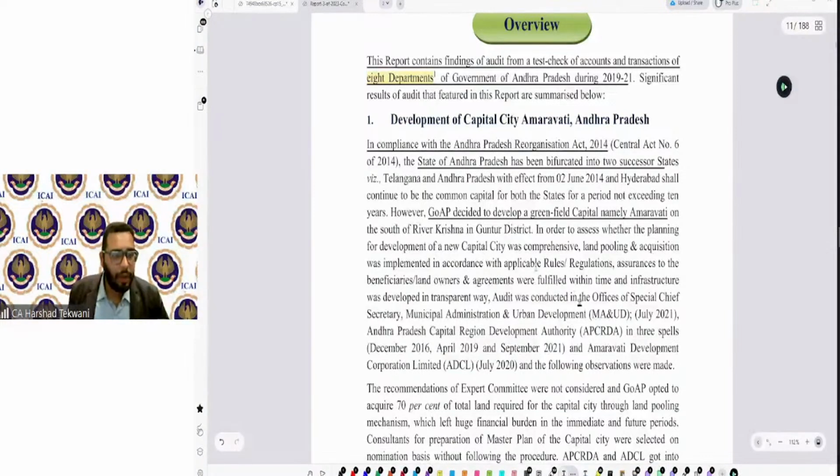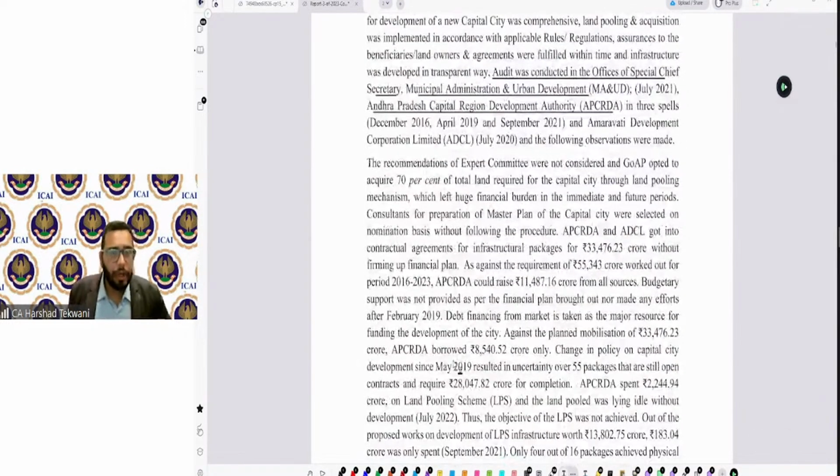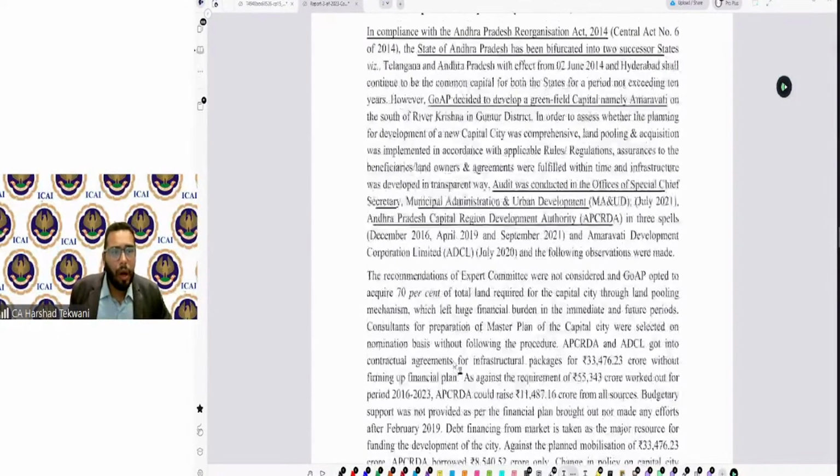Audit was conducted in 3 spells for the offices of the Special Chief Secretary, Municipal Administration and Urban Development, and the Andhra Pradesh Capital Region Development Authority. So I can say these are the subject matter over here.